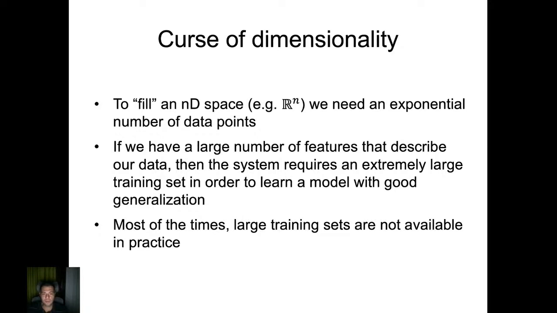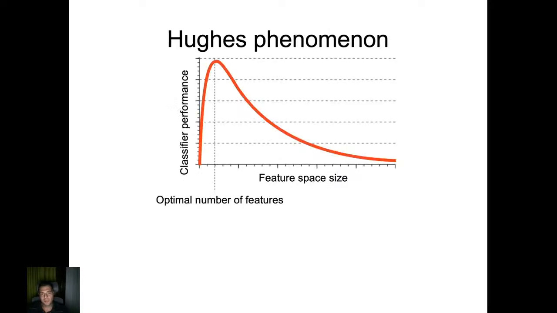Yeah, so just as I explained in this example, most of the times you will not have these large training sets. So most often your data will be sparse, and usually we will observe this phenomenon as the feature space increases.